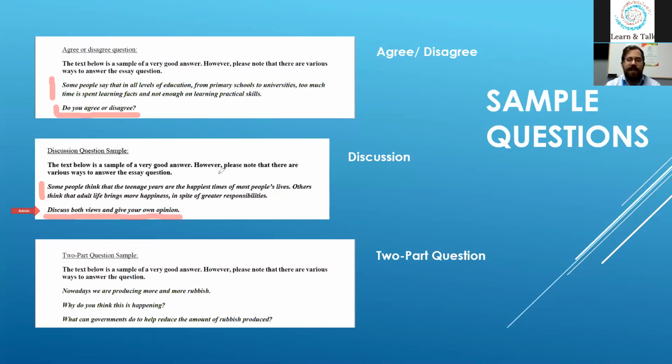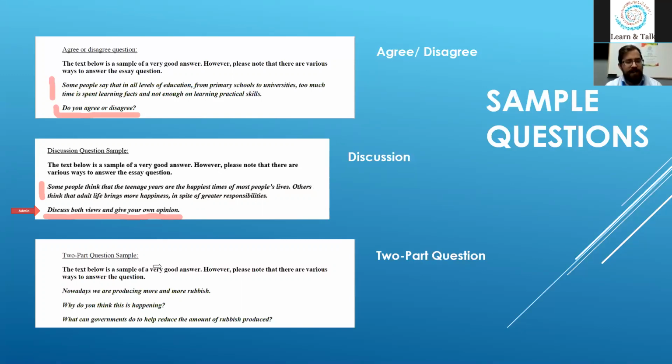And this means that you have to talk about both views in your essay, not just one. So in one paragraph, you're going to discuss the benefits of the teenage years, or the idea that the teenage years are better. And in your second paragraph, you're going to discuss the idea that the adult years are better. You need to discuss both views, and then you can give your own opinion in the conclusion. Okay?